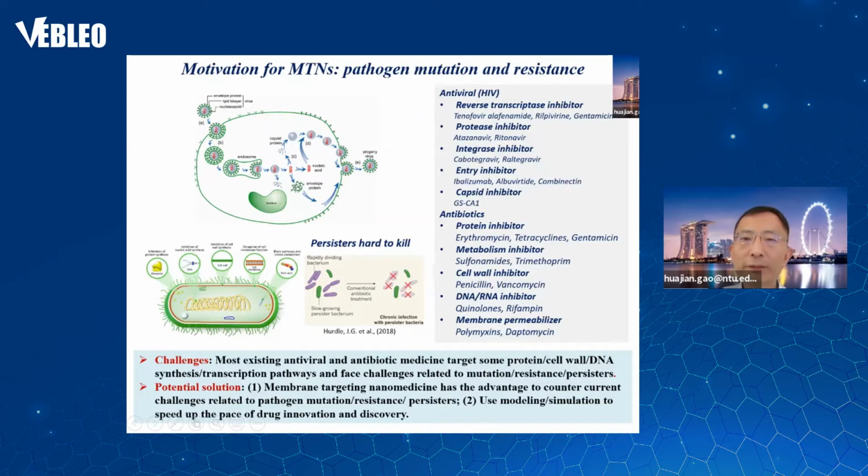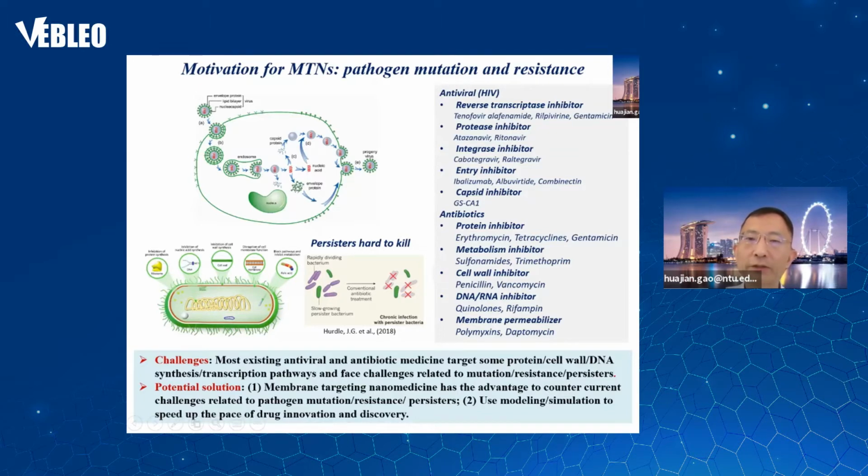The main reason bacterial resistance develops is the so-called persisters. In a bacterial population, most of them are rapidly dividing and growing, so they're easily killed by existing antibiotics. But among this population, there's always a subpopulation of slowly growing bacteria, called persisters. Because they're not metabolically active, they are very hard to kill with current antibiotics.